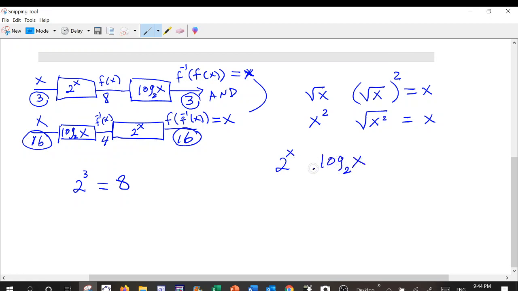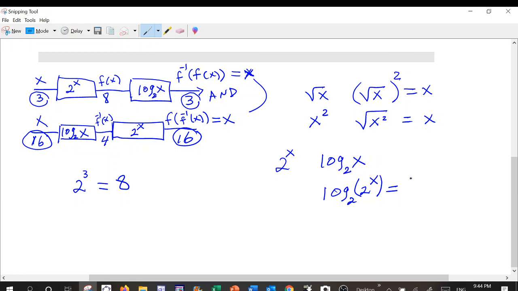So that means if I take this and substitute it in here, I'm going to get log base 2 and then 2 to the x. Well, this structure here cancels that one. So log base 2 cancels 2 to the power. So that means you start with x, you do this to it, then you do this to it.